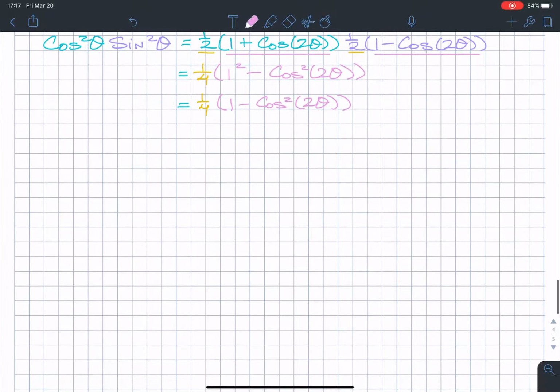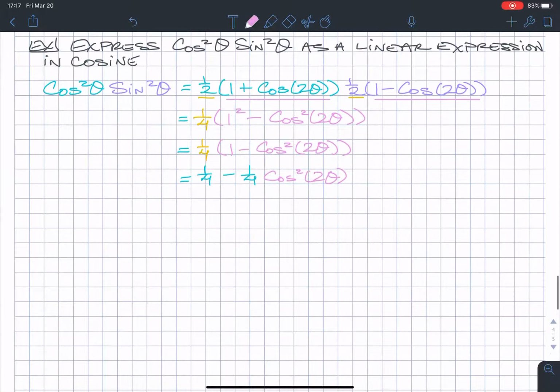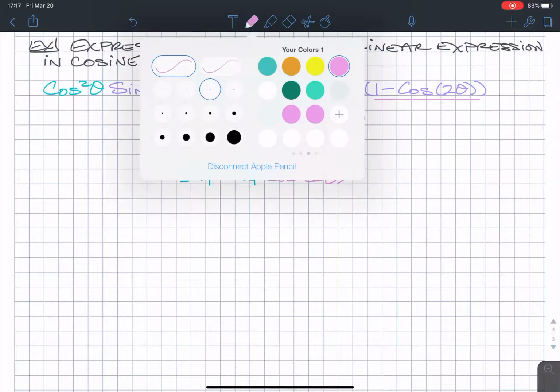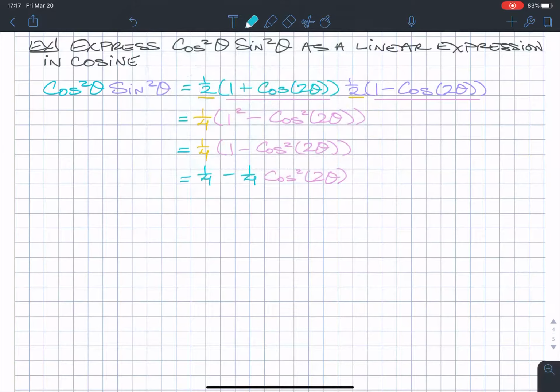So let me go ahead and distribute the 1/4 inside. So this becomes 1/4 minus 1/4 times cosine squared of 2 theta. But that's not linear because the power is still 2. So I need to use the power reduction formula again. So this will be 1/4 minus 1/4 times, cosine squared is 1/2 the quantity 1 plus cosine of twice the angle.